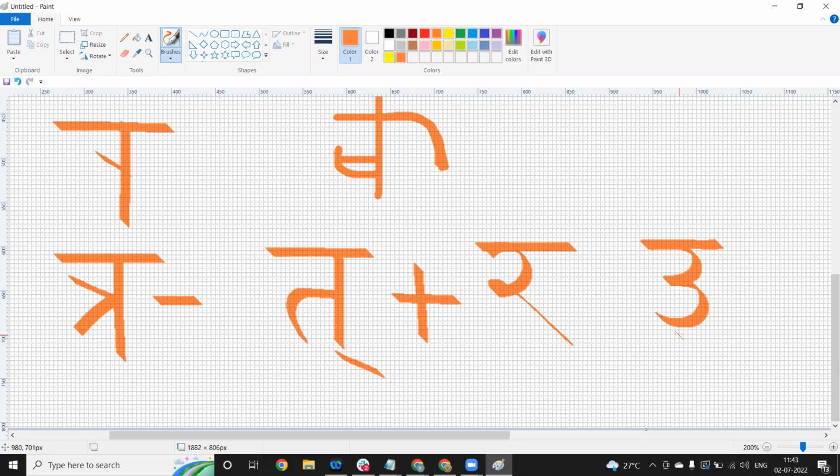Now the sound of ra that we have to attach here, this slant that I have drawn at the bottom is ra. The matra ra in Sharada lipi is written like this. This is the matra of ra. So this is tra.